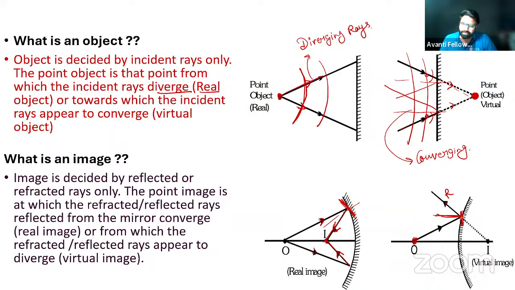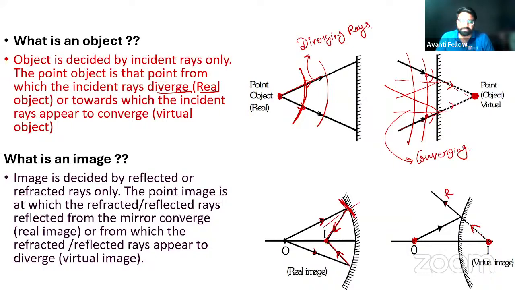So this reflected ray, after reflection, if you extend it, you will find that this ray is coming from this point. You can say this is the complete ray. It appears that this ray is coming from this point only.